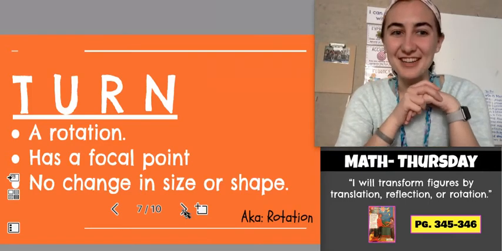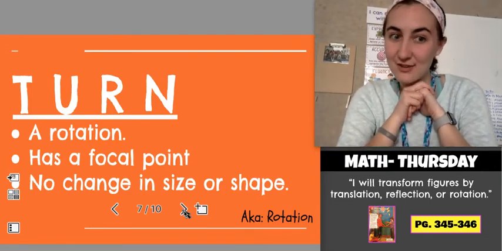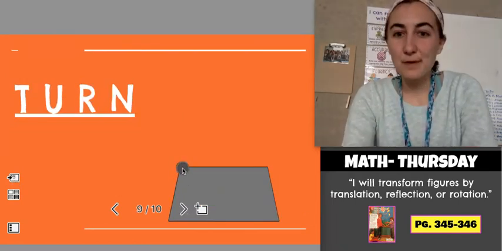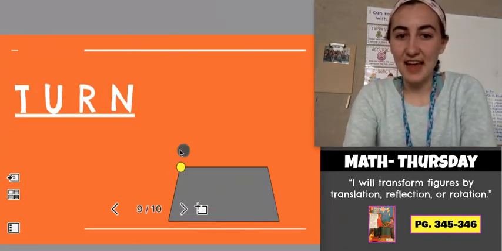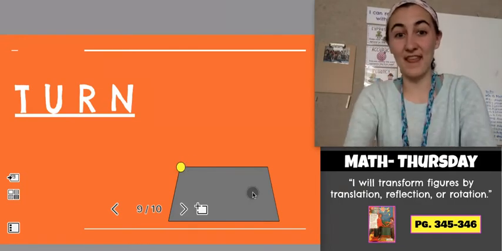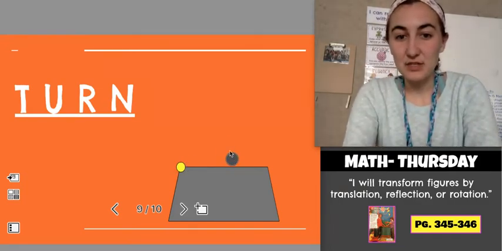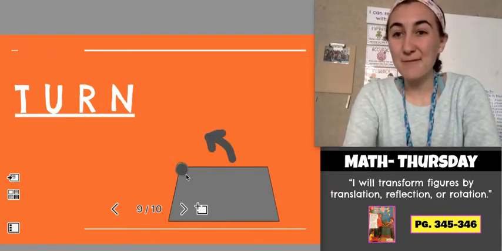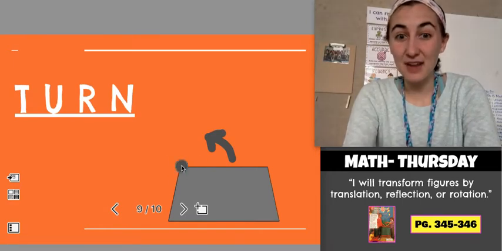The next one is a turn. A turn is a rotation, and it has a focal point. The focal point here is this yellow dot. The trapezoid is going to turn on that yellow dot. So I'm going to turn the trapezoid this way, but this point is my focal point. That vertex, that point, is going to stay right there.